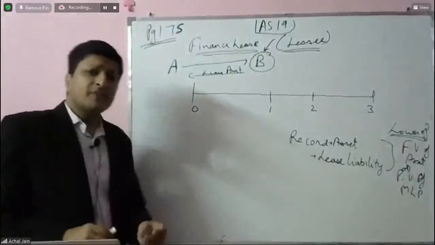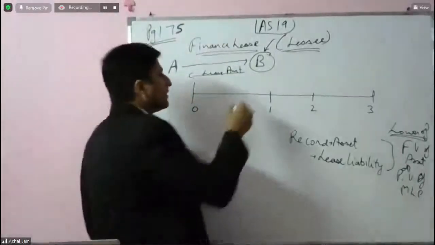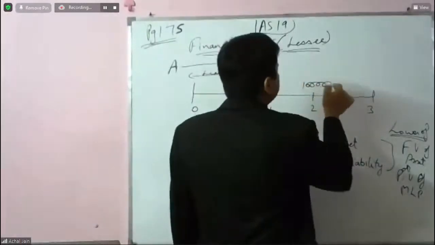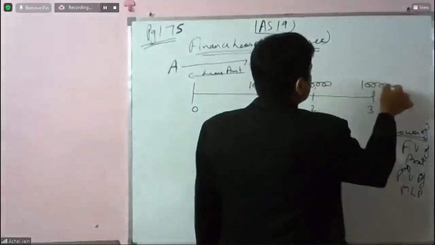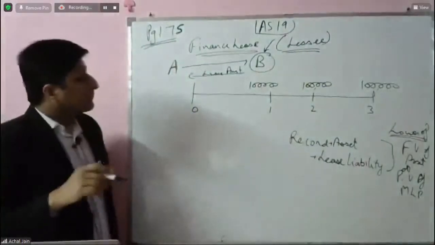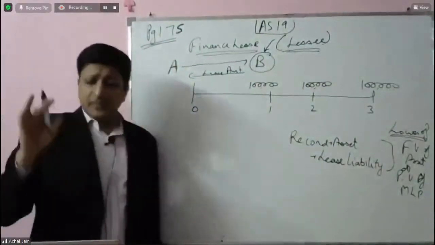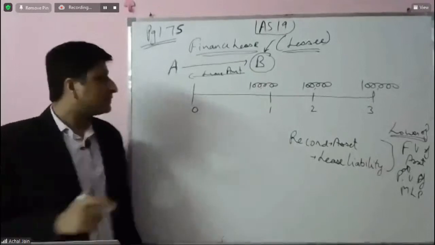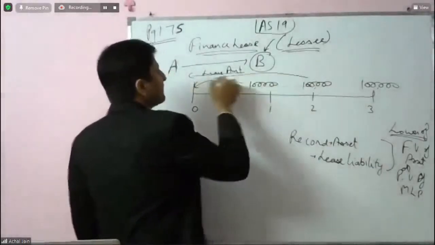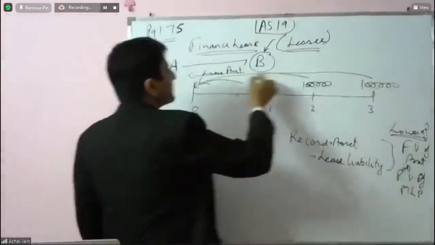Say at the end of every year, 1 lakh is required to be paid as the lease by B. Now we understand B will be required to do one thing. What? Compute its present value.